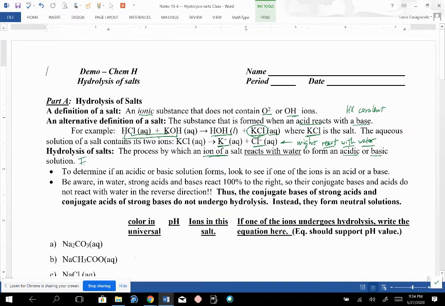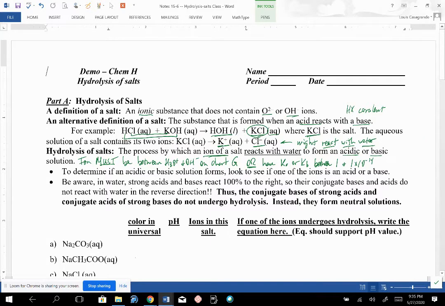Now, in order to do that, there's a couple of ground rules. The ion, that's what I wanted to write here, the ion must be between hydronium ion and hydroxide ion on chart G, or have a Ka or Kb between 1 and 1 times 10 to the minus 14.